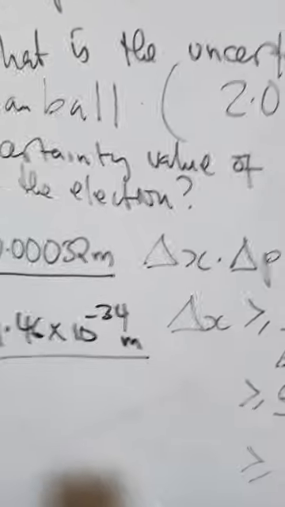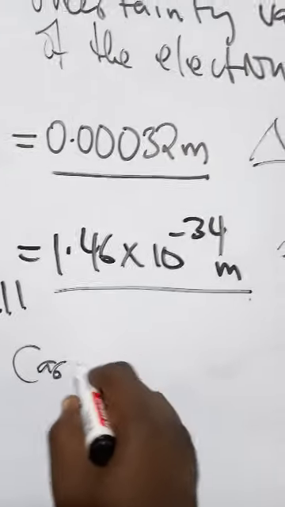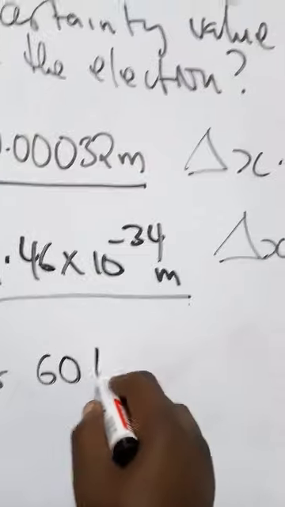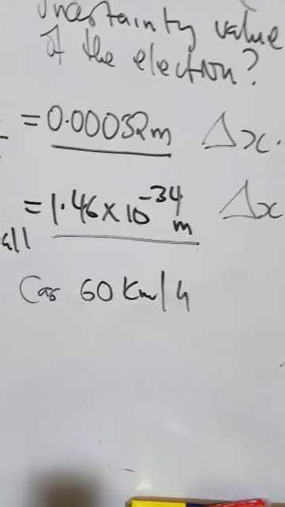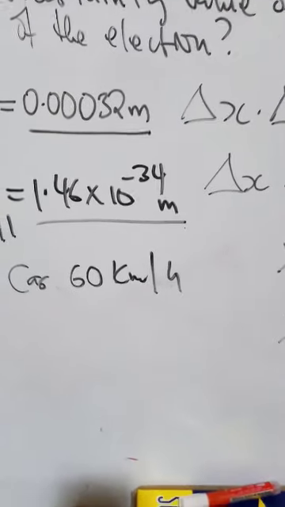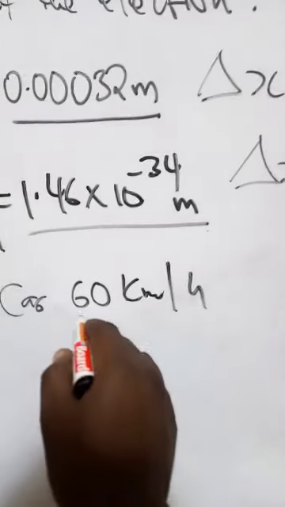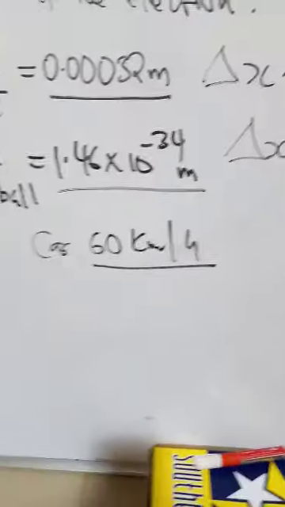Okay, so also, for example, a car is moving at 60 kilometers per hour. It is possible to measure the speed, and at the same time locate its position.